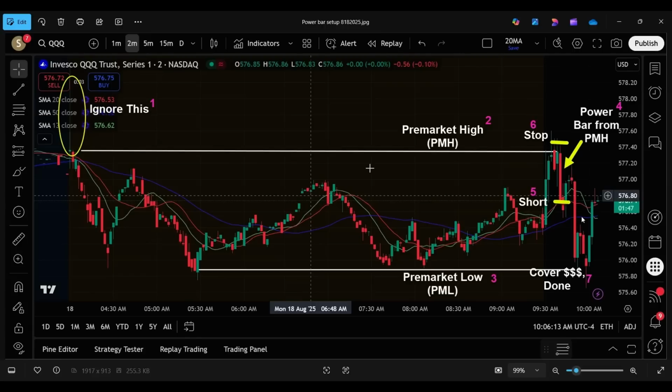Again, I don't care what the volume is. I know there's a lot of volume at the open in the Qs. I'm using the Q chart to demonstrate the trade. I personally wouldn't trade this on the Qs. The Qs are expensive at $576, which I've had people ask me about.